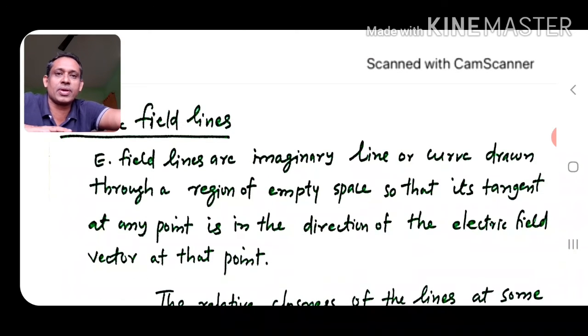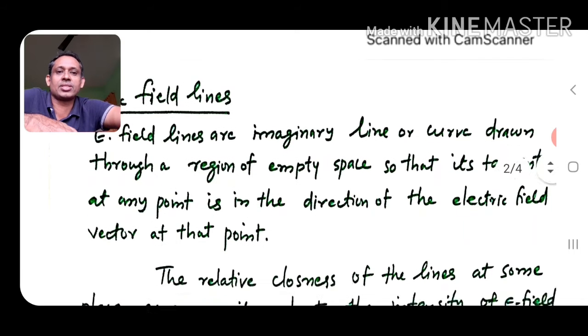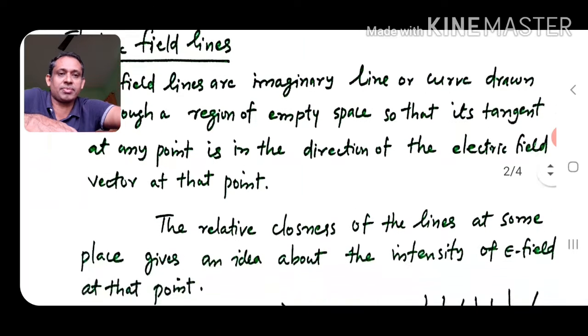So this is very important. The tangent at any point is in the direction of the electric field vector at that point. So when we draw the electric field lines, we have to draw them in such a way that the tangent to it gives you the direction of the electric field vector.